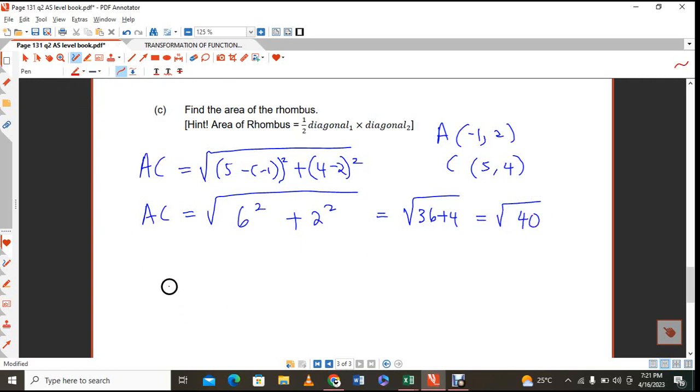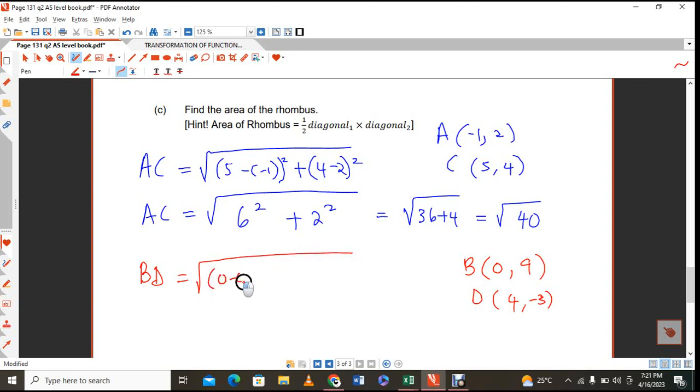Then I'm going to find BD, the distance BD. Again, my point B is 0, 9, and my point D is 4, negative 3. So that means 0 minus 4 all squared plus 9 minus negative 3 all squared.